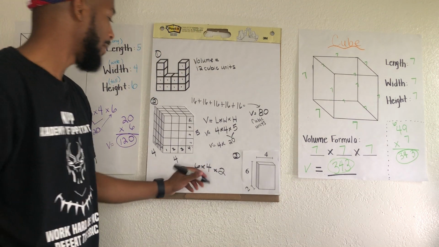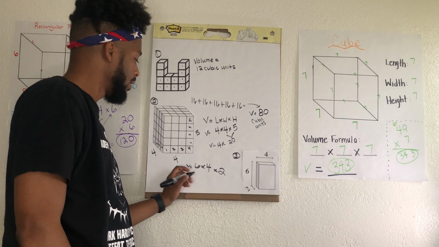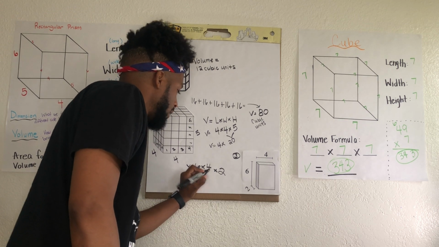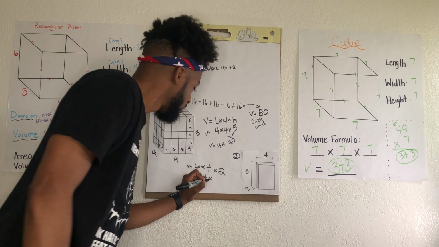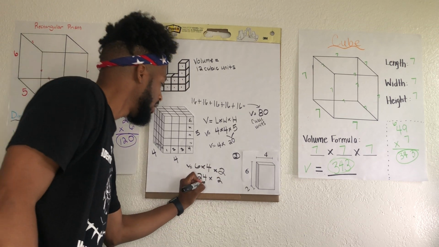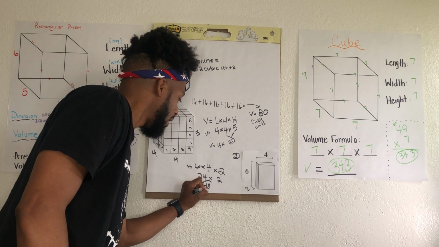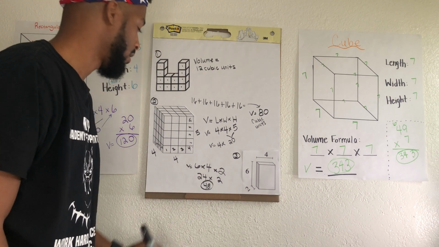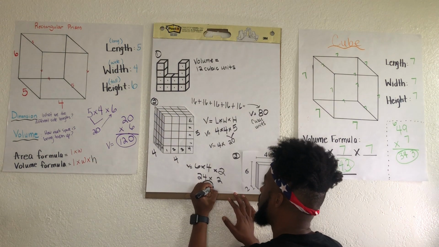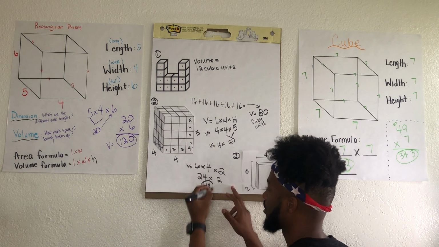So V is equal to 6 times 4 times 2. 6 times 4 is 24, times 2. 24 times 2 is equal to 48. I'm going to circle my answer. 48. Oh, I'm forgetting my units. Well, we're not using any cubes here, so I don't have to put cubic units.